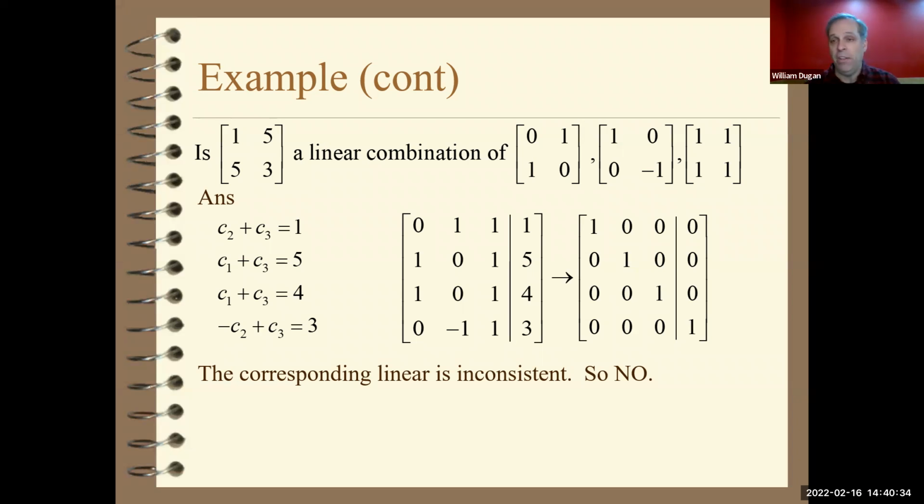So the answer is no. Since that system is inconsistent, that means the matrix 1, 5, 4, 3. Oh, on my slide here, I have 5. So that should be 1, 5, 4, 3. That matrix is not a linear combination of the 3 matrices I gave you. So the matrix 1, 5, 4, 3 is not in the span. And I think that's enough for that video.